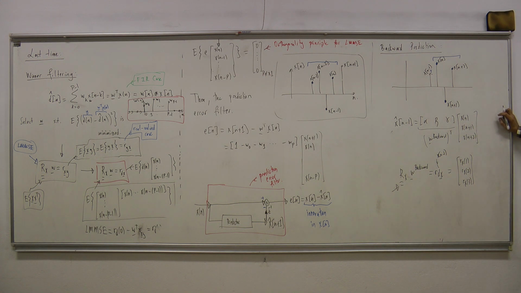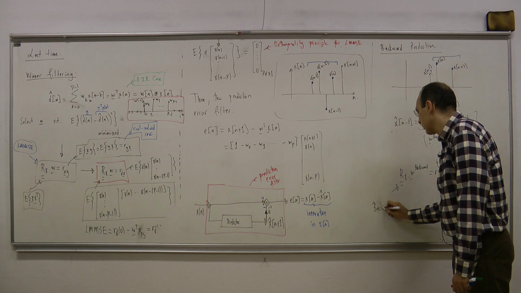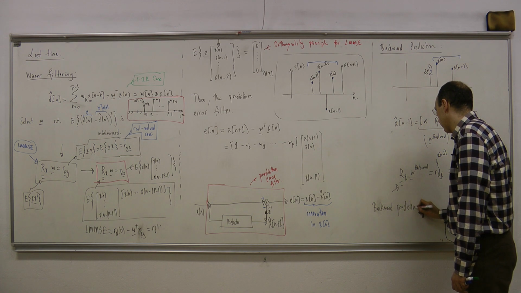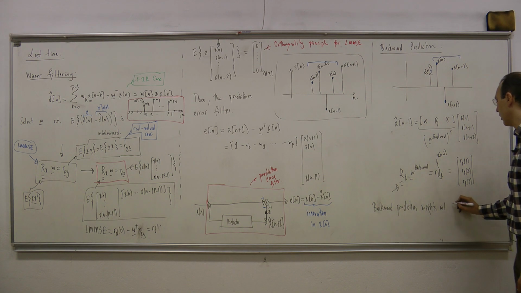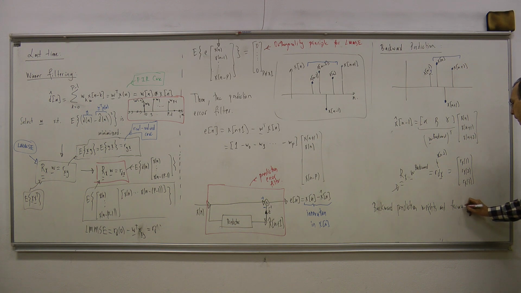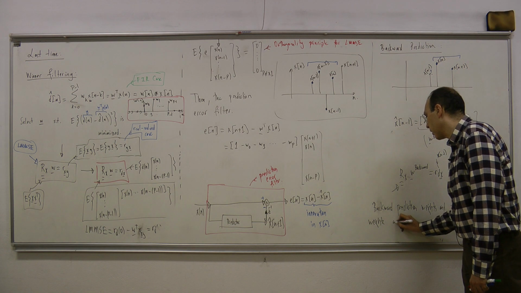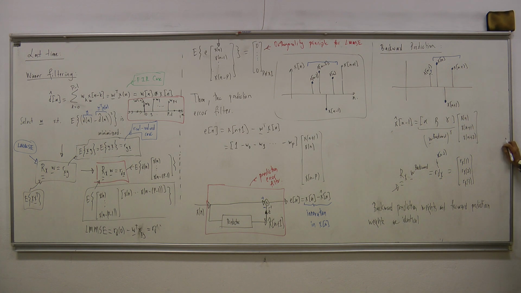That is it. So what is interesting is that backward prediction weights and forward prediction weights are identical, because this equation system is exactly identical.